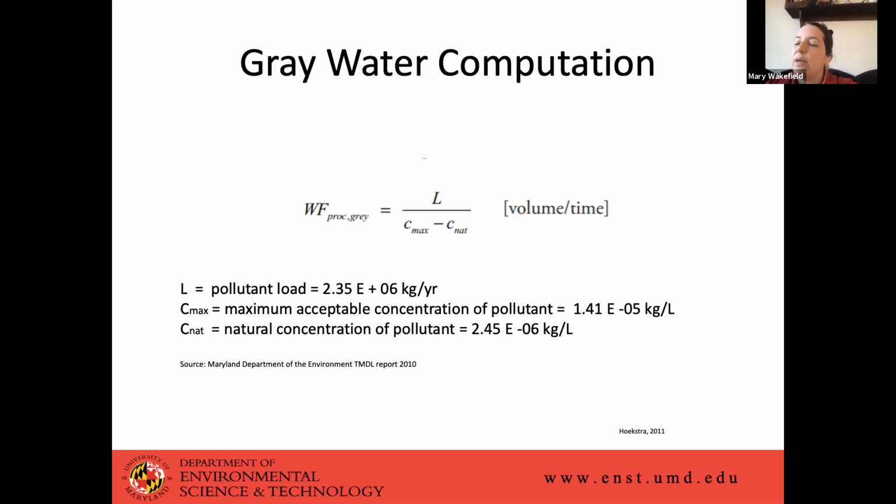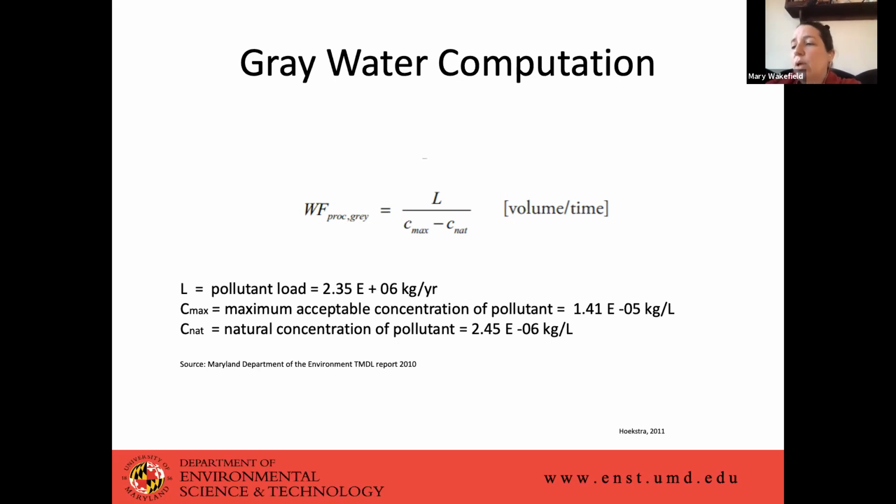They release a big one every 10 years, and they have monthly and biannual updates to some of it, but they do a whole report once every 10 years. The pollutant load that we used, specifically for the Choptank, is 2.5 to the 6th kilograms per year. And this is very specifically for nitrogen.